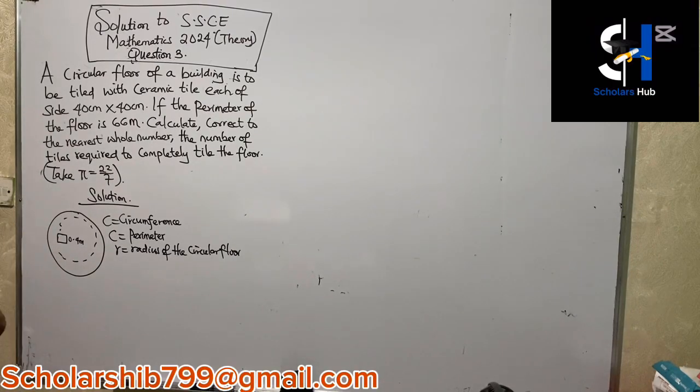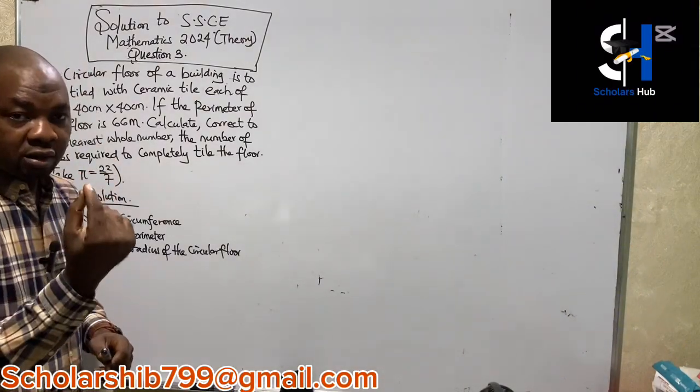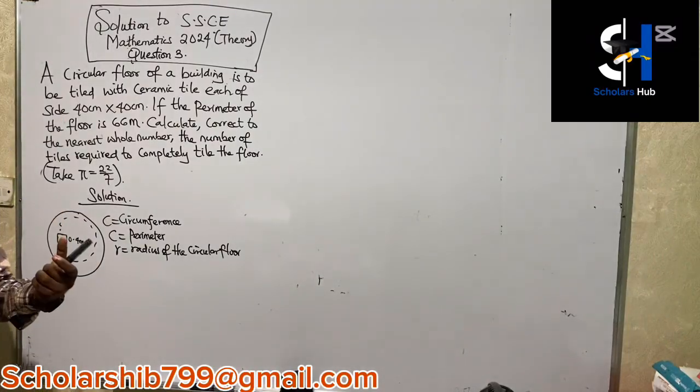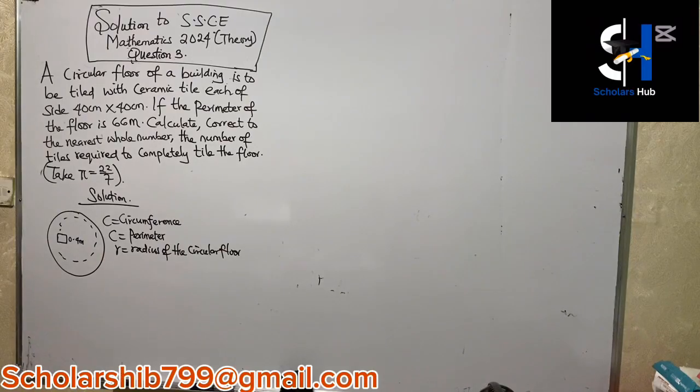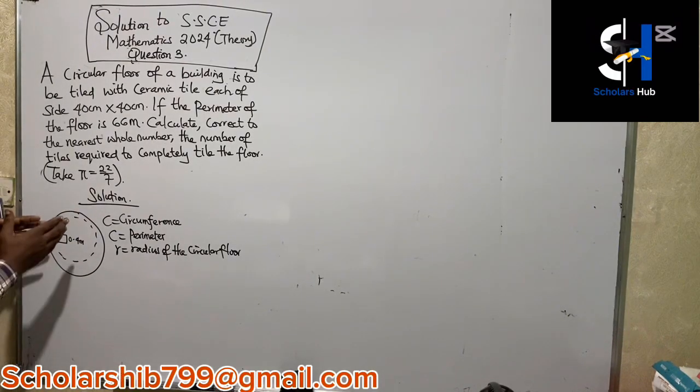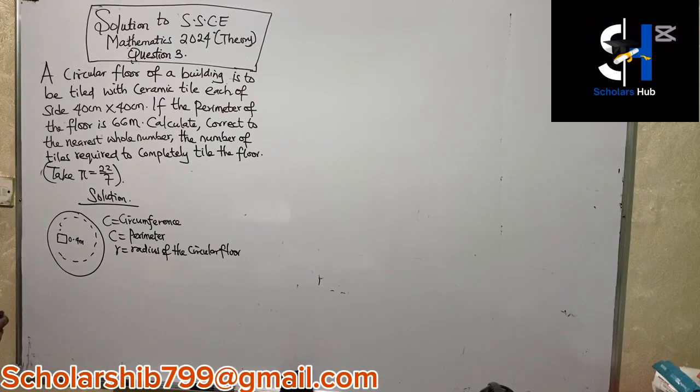Then we're also going to calculate the area of one tile. When we know the area of one tile, it will be easier for us to know the number of tiles that can be placed in the circular floor.